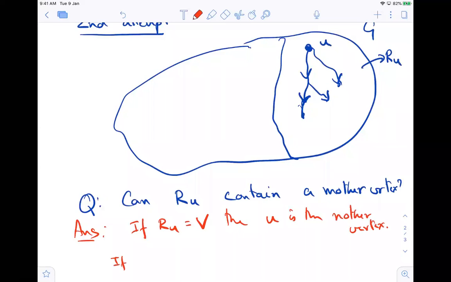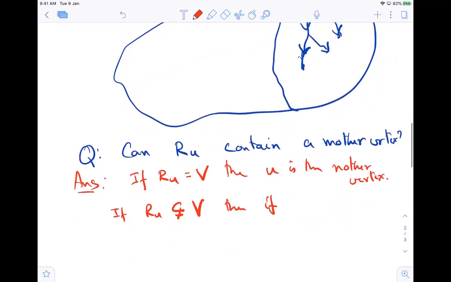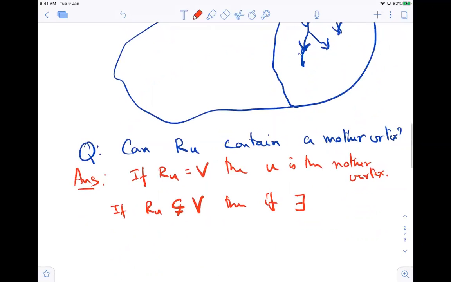But if R of U is a strict subset of the entire set, then if there exists a mother vertex, say V in R of U, what do I know?